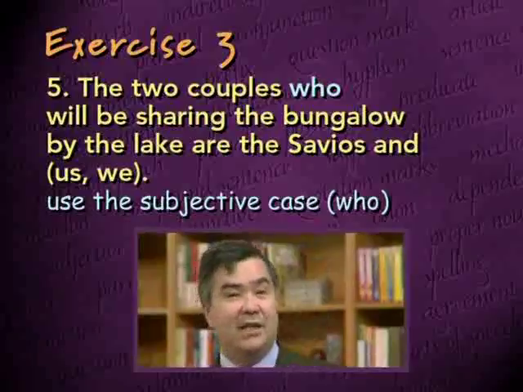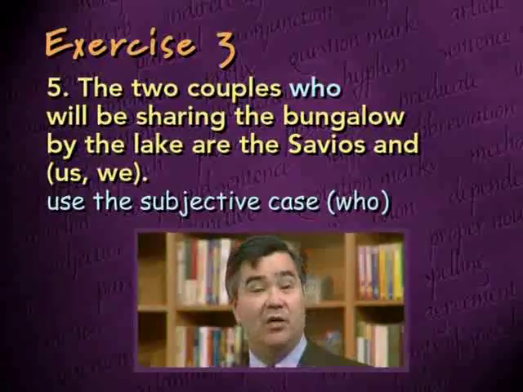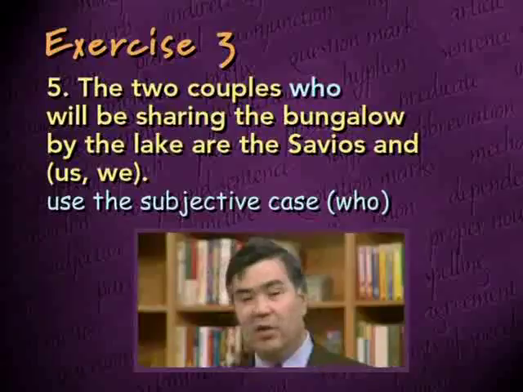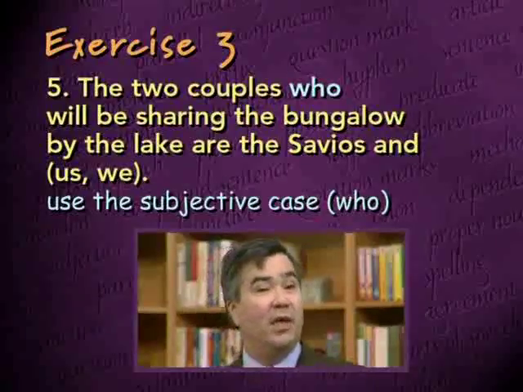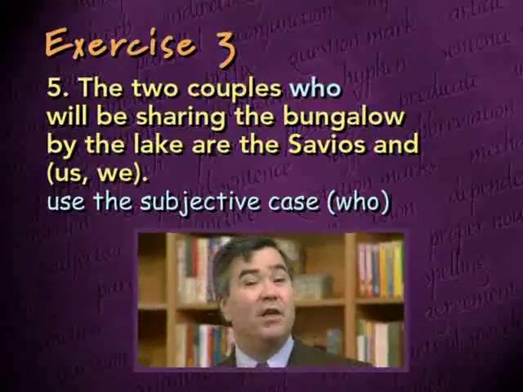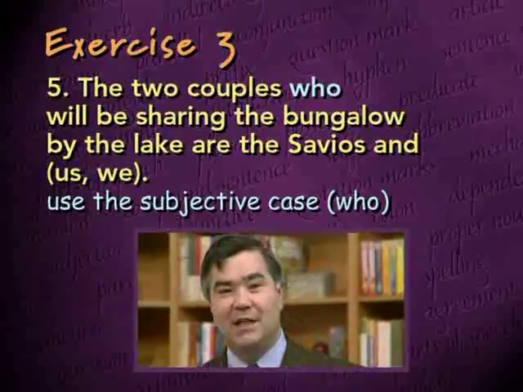And the sentence as a whole is saying that the two couples, and so on, are the Savios and us or we. So the two couples, that's the subject of the independent clause. Are is the verb, and the Savios and us or we is the subject complement. That is, giving further information about the two couples who are mentioned way back at the beginning of the sentence.